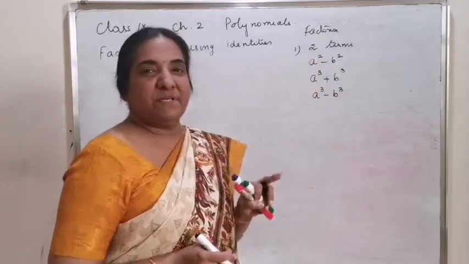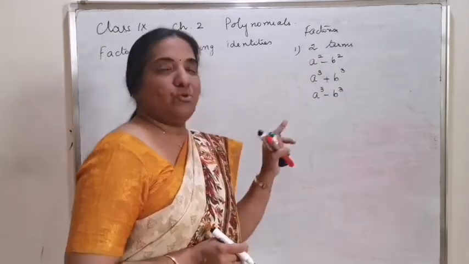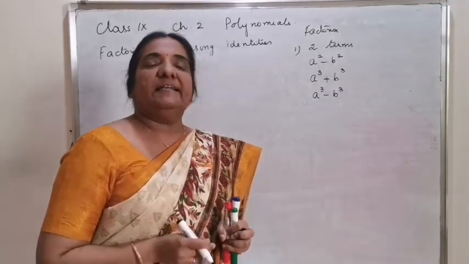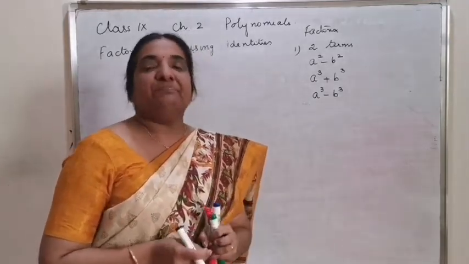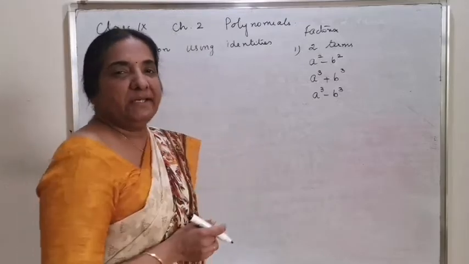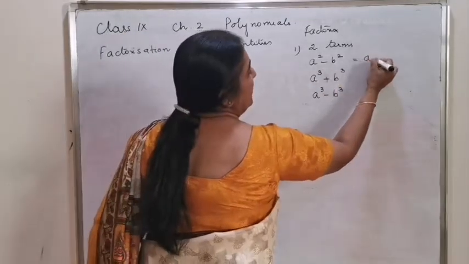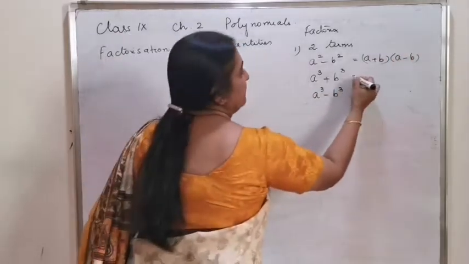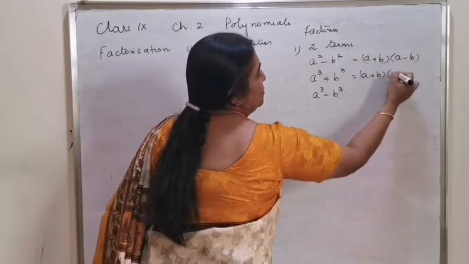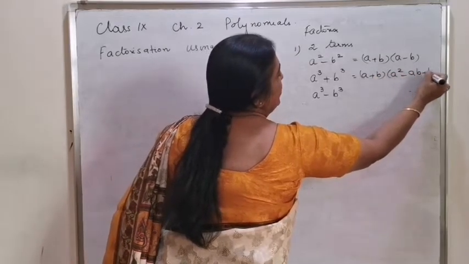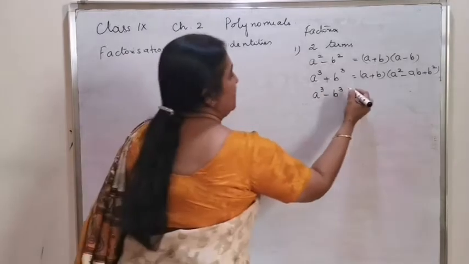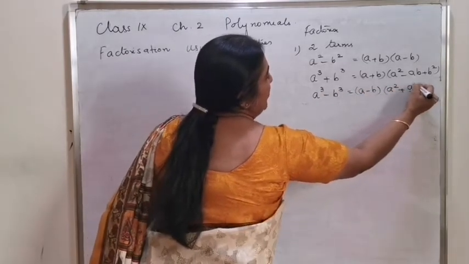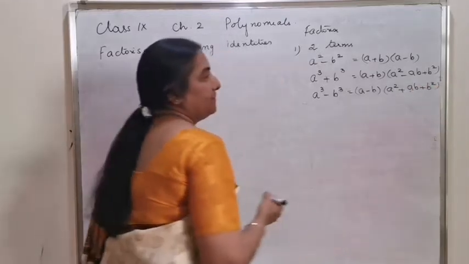If it is, identify what a and b are and directly substitute in the factorization formula: a plus b into a minus b, a plus b into a square minus ab plus b square, and a cubed minus b cubed is a minus b into a square plus ab plus b square.